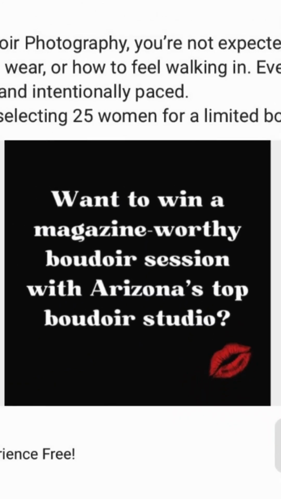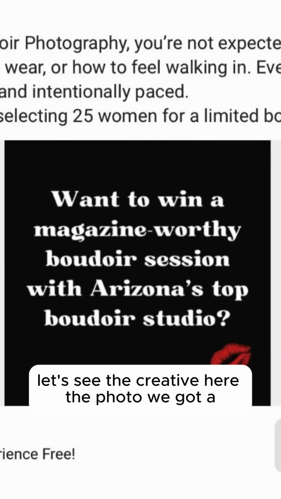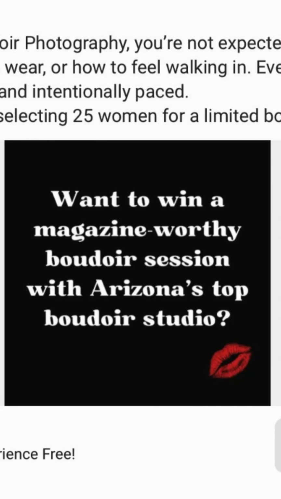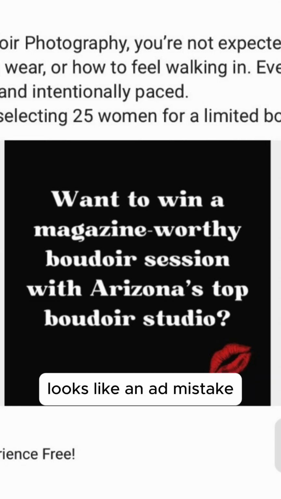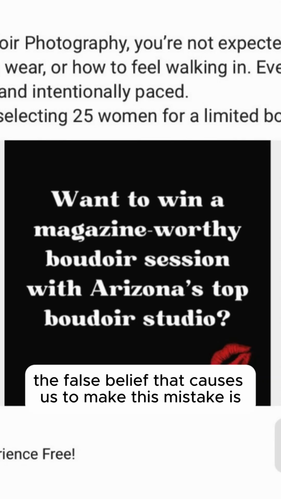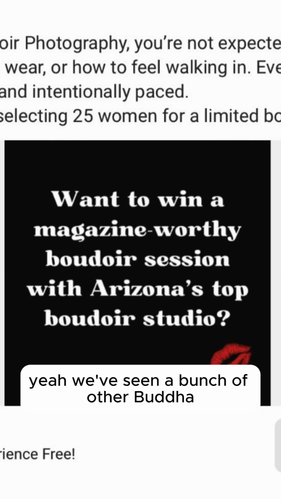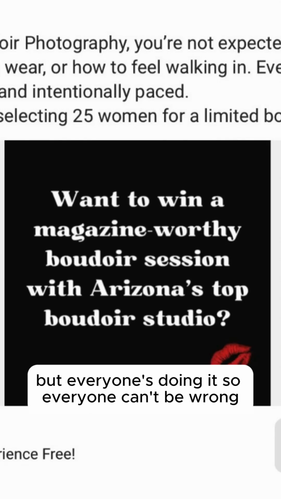Now, let's see, the creative here, the photo. Looks like a creative mistake, or I mean, looks like an ad mistake. The false belief that caused us to make this mistake is, yeah, we've seen a bunch of other boudoir Facebook ads that look like ads, but everyone's doing it, so everyone can't be wrong, can they?